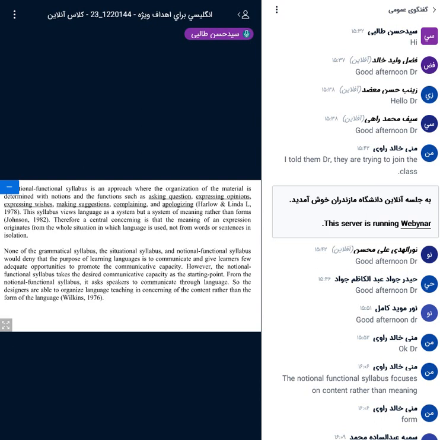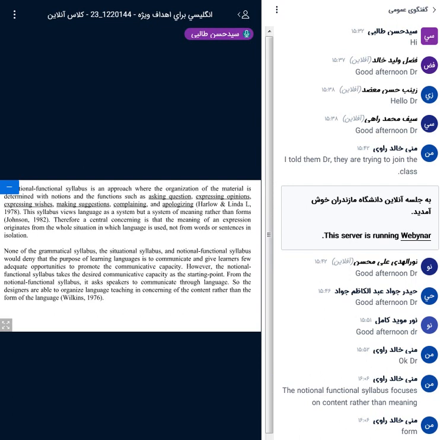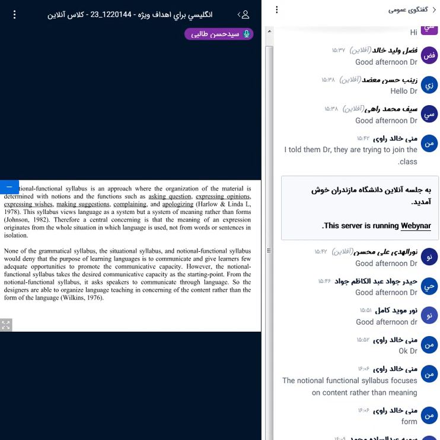Therefore, merely focusing on function or situation doesn't mean that in a real life situation you are a successful communicator. Both form and function are important. Therefore, one problem with this type of syllabus is that it overemphasizes content and meaning and underemphasizes form. Both must be emphasized. But for ESP, this type of syllabus is a very, very good syllabus.